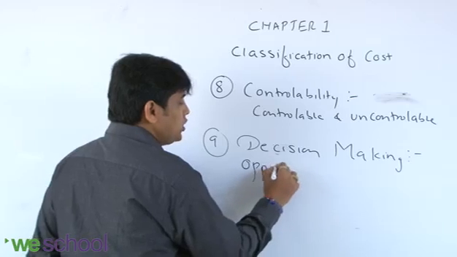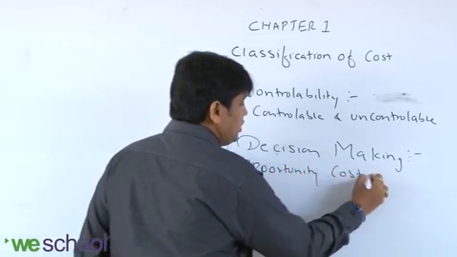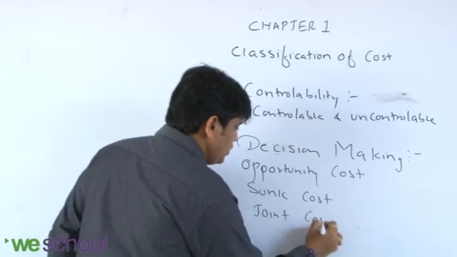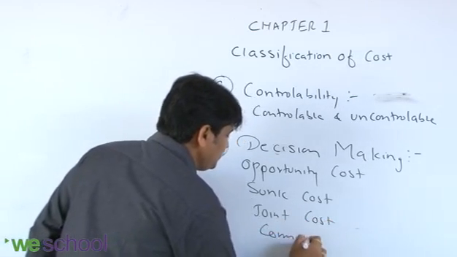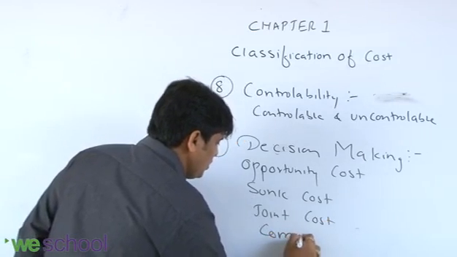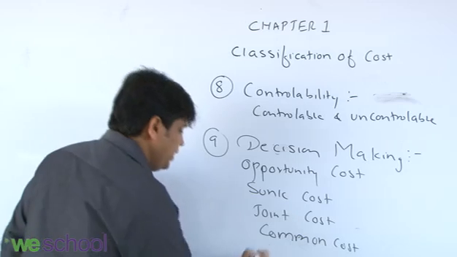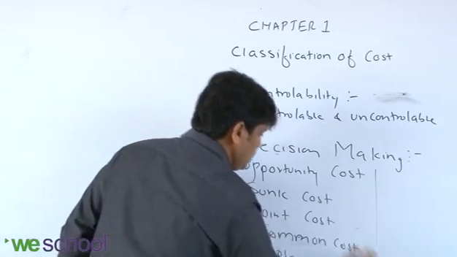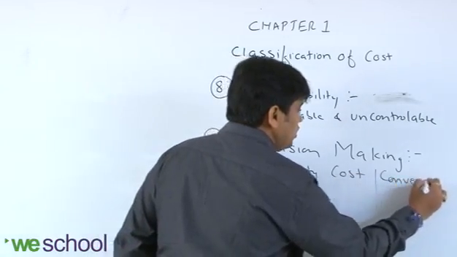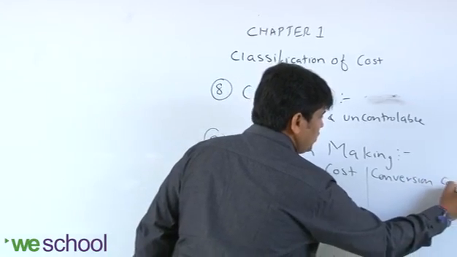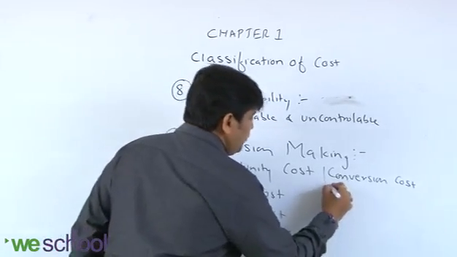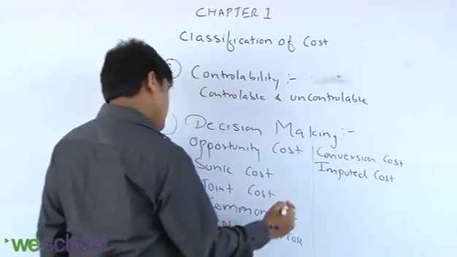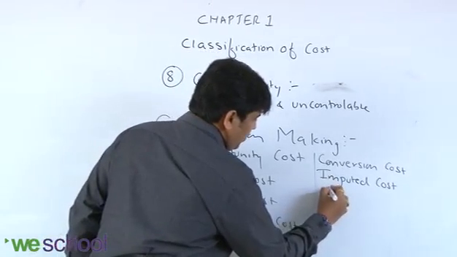One is opportunity cost, sunk cost, joint cost, common cost, then replacement cost, then conversion cost, then imputed cost, then marginal cost.